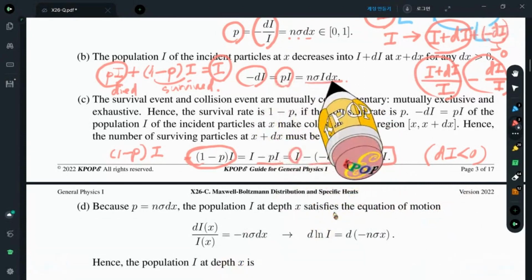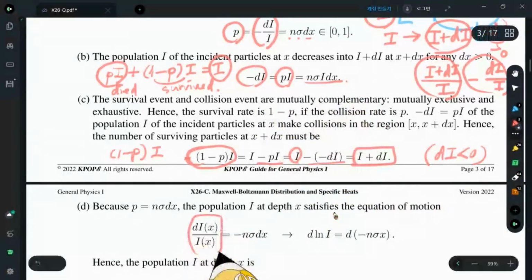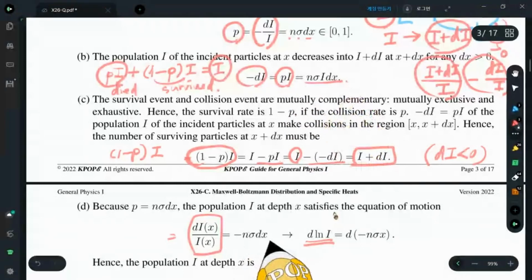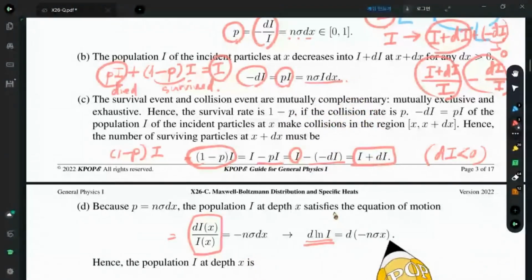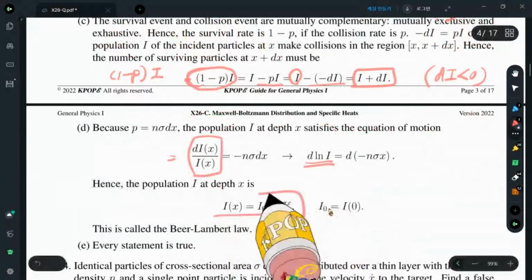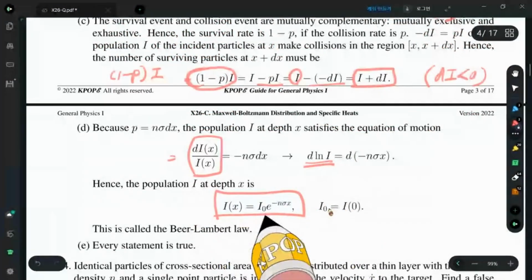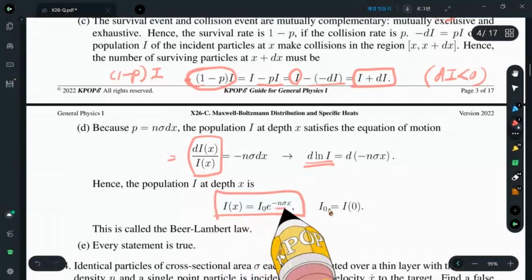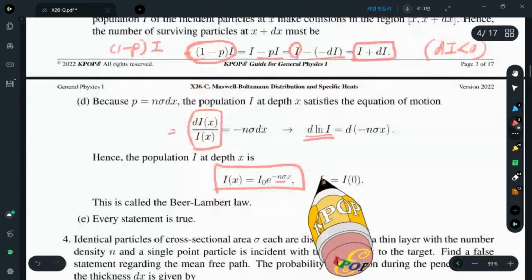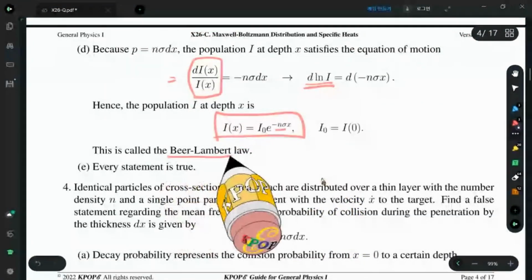Divide both sides by minus I, then the left-hand side becomes dI over I, that is the differential of log I, and the right-hand side is minus n sigma dx, the trivial integral. At the end of the day, we find that the population decreases exponentially. This is called the Beer-Lambert law.